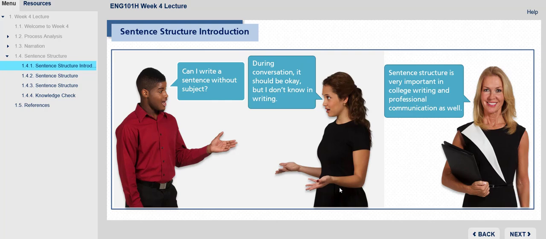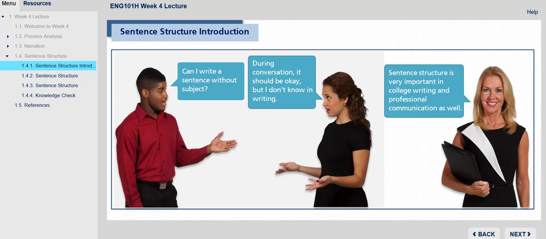This week 4 lecture, which I didn't write, it's from the school, talks about how a simple sentence is constructed of a subject, which does the action in the sentence, and then the verb and object, which is known as the predicate. In other words, that's what happens to the subject. So every simple sentence has a subject, verb, and object, and the verb and the object are the predicate.